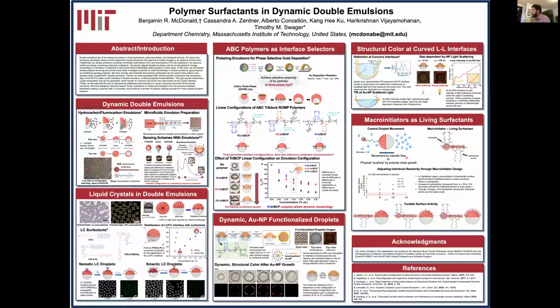Our macroinitiators essentially have a hydrophilic anchor and a hydrocarbon part. And then we can add in different amounts of this hydrophilic group to tune the surface activity, or how this partitions between being in the continuous phase and being at the surface.